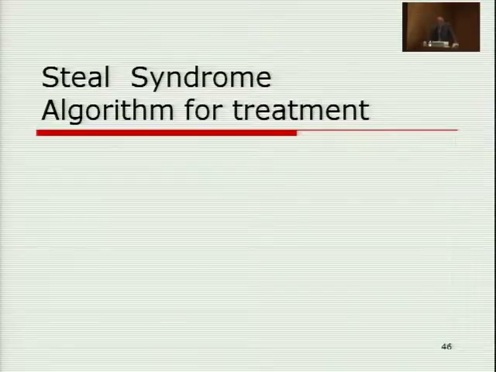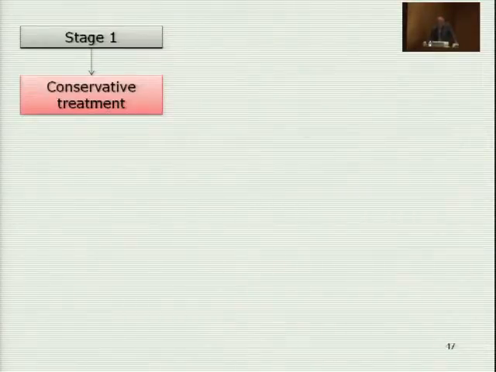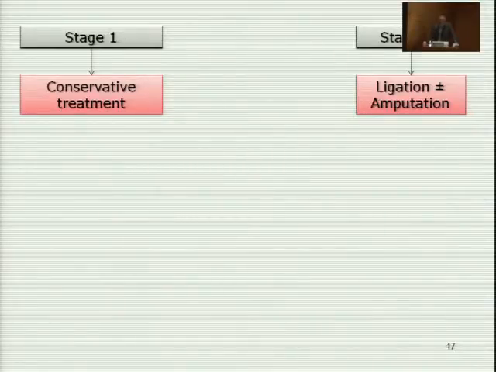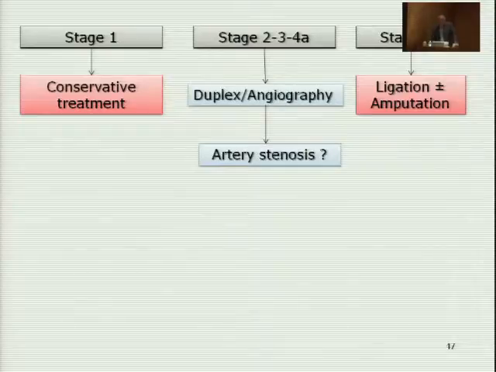To finish my presentation, I will just present the algorithm for treatment of distal ischemia. In stage 1, it's just conservative treatment. In stage 4B, you have to ligate the fistula and probably do some sort of amputation.